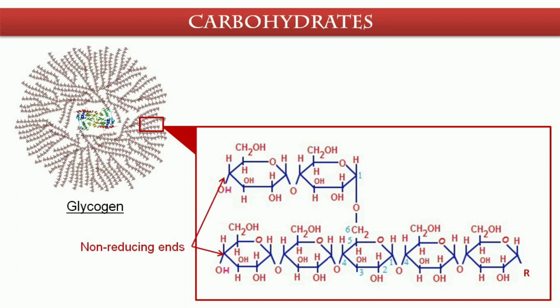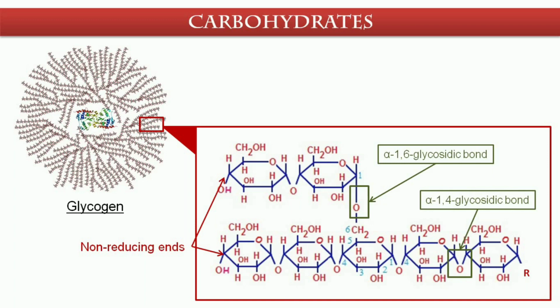Now these sites are the non-reducing ends, and on the right side we have the R group, which shows that more alkyl groups can be added to that part. Now between 1 and 6 it is known as the alpha 1,6 glycosidic bond, and between 1 and 4 it is known as the alpha 1,4 glycosidic bond.